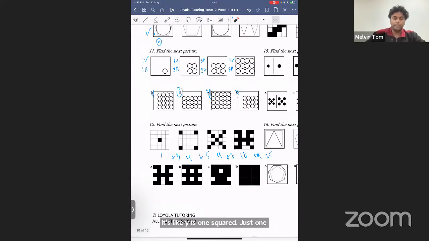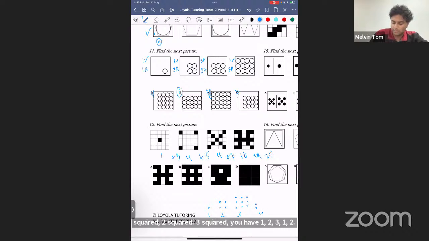A cool thing about square numbers, by the way, guys, is that square numbers always make up a square. So this is 2 squared. You have a square there. This is 1 squared, 2 squared, 3 squared. 4 squared also makes a square.